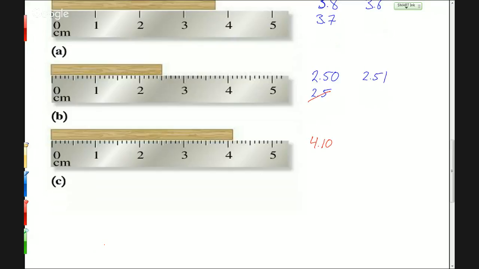Once you figure out for a particular tool how many decimal places you can get, it's always the same for that tool. So notice that B and C, you've got the same ruler, the same kind of graduated ruler. So that means that the precision will be the same anytime we use that. And that's helpful for some of the stuff we use in lab, like thermometers, graduated cylinders.